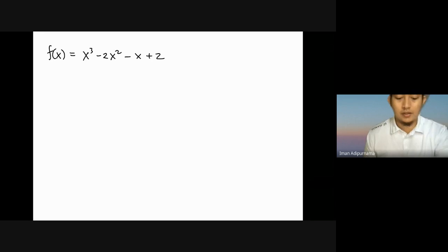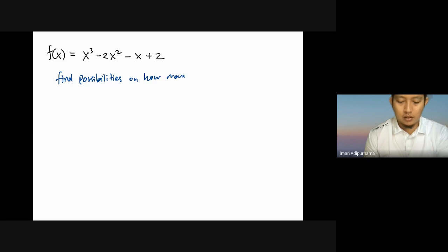Let's say we have a function. Find the possibilities on how many positive or negative zeros f(x) has.